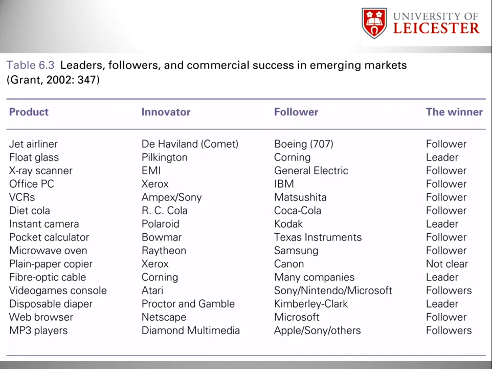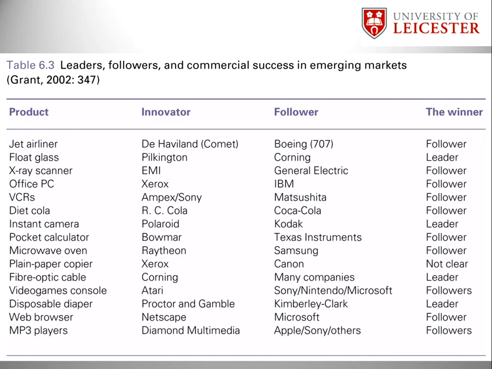And what we found was actually, although this is quite an old study now, it found that many companies that are followers, fast followers, end up leading the market, end up being most successful. And those that often get to the market first often end up not being the most successful.